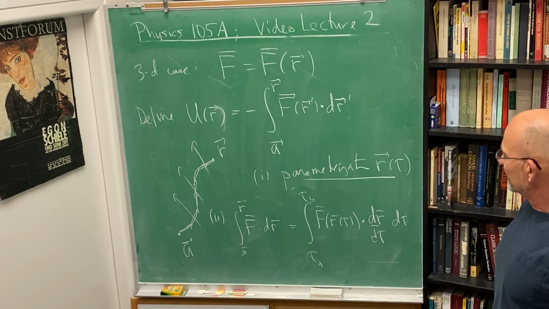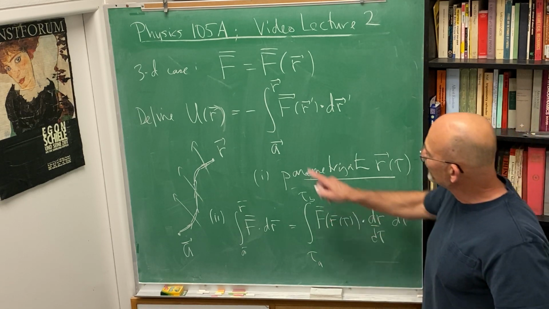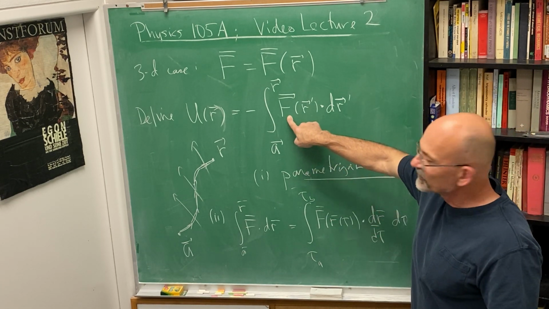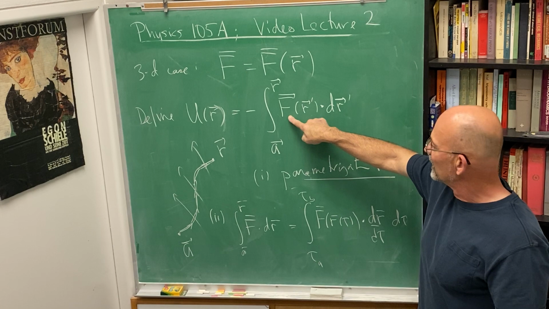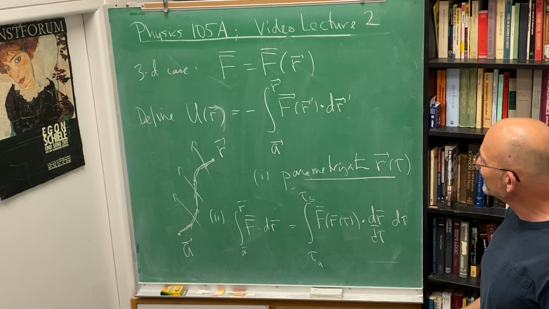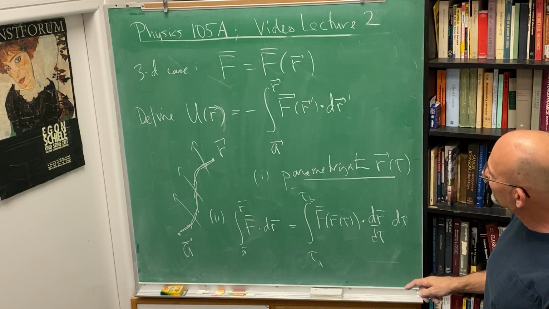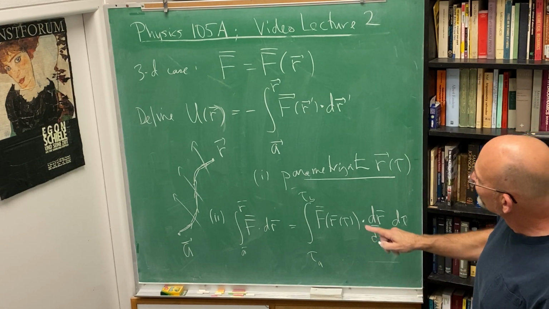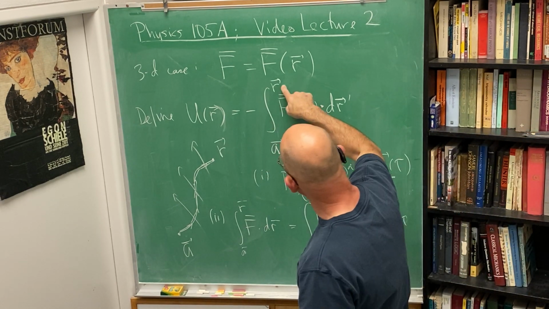So next, is this completely well defined? Well, there are some stipulations we have to make on this vector field for this to be a reasonable definition. Namely, it has to be the value of this integral.